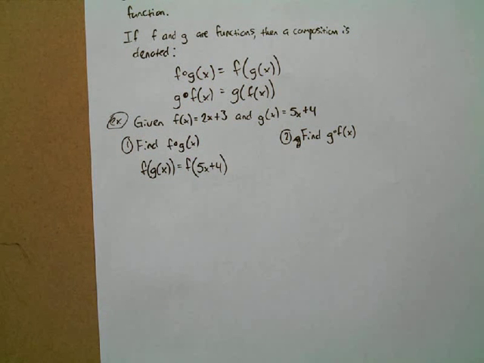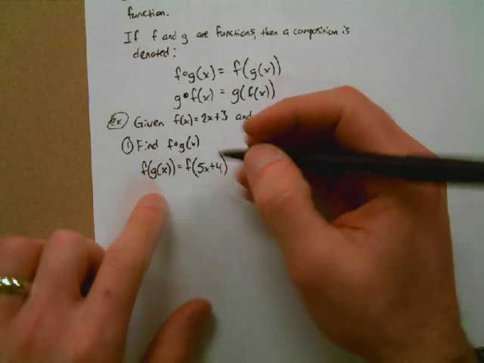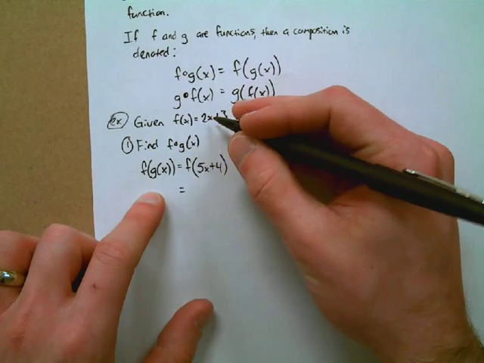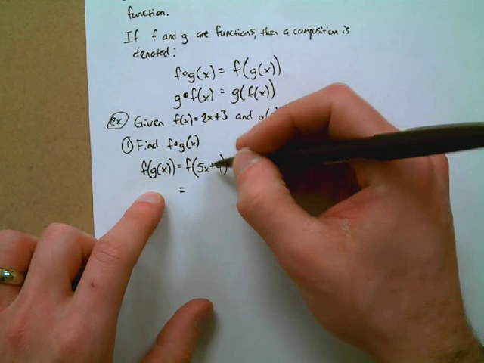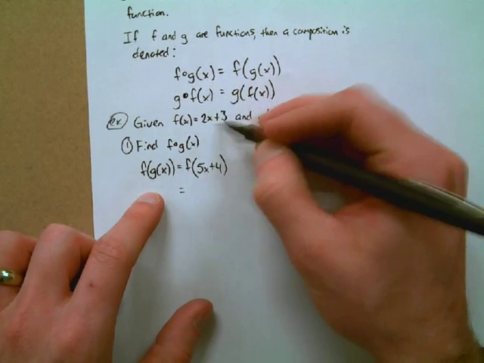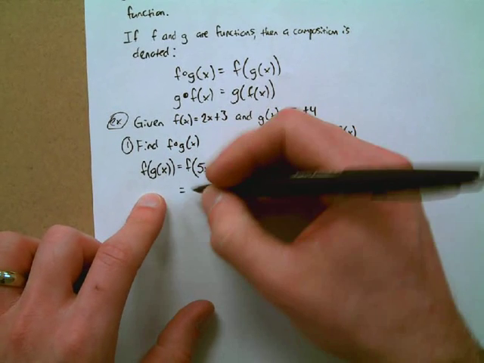But of course, if you really wanted to, you could skip down to this step where we take that 5x plus 4 and plug it into our function f. That 5x plus 4 is replacing the x, so every x you see in the function rule also gets replaced by the 5x plus 4. So it'll be 2 times the quantity 5x plus 4, plus 3.